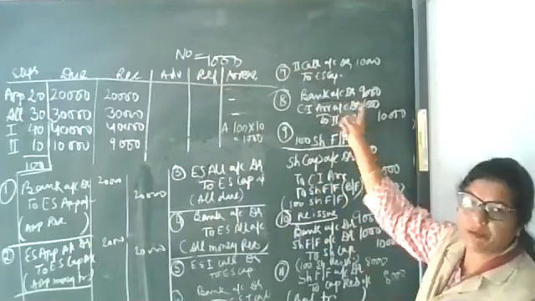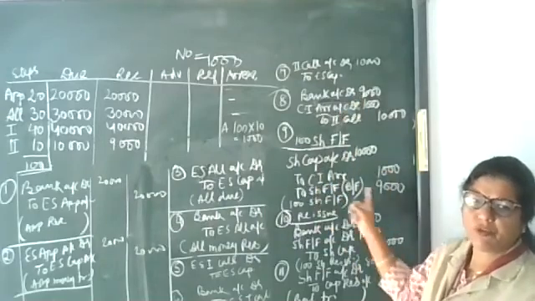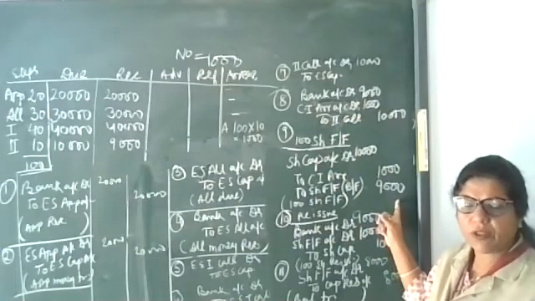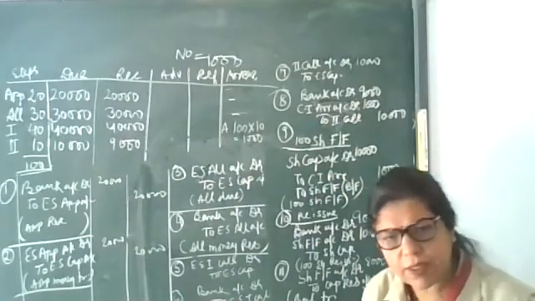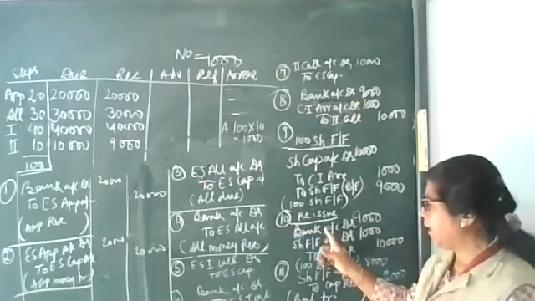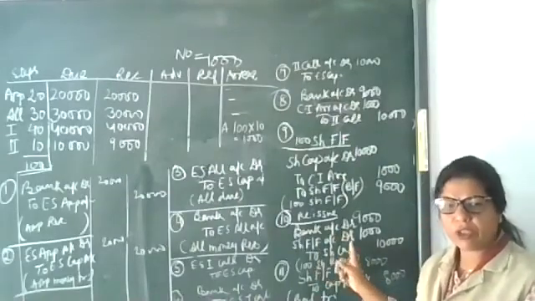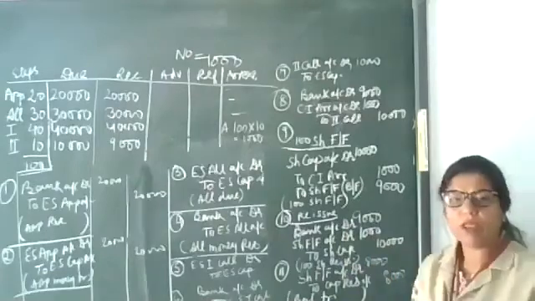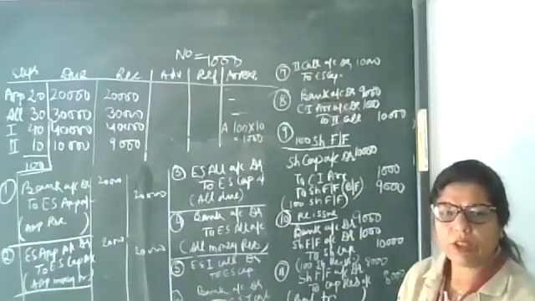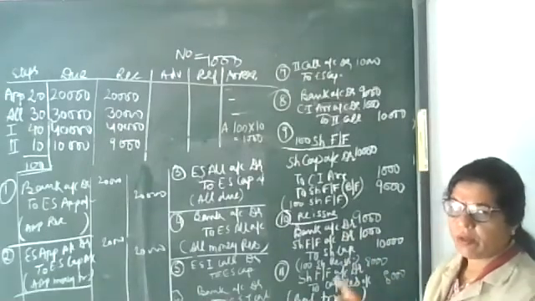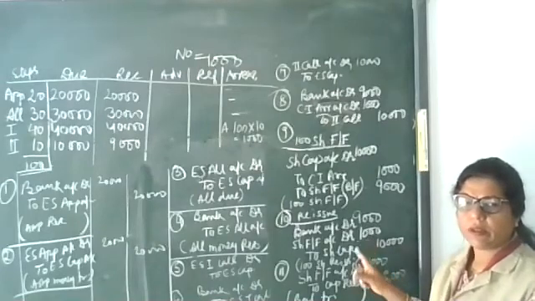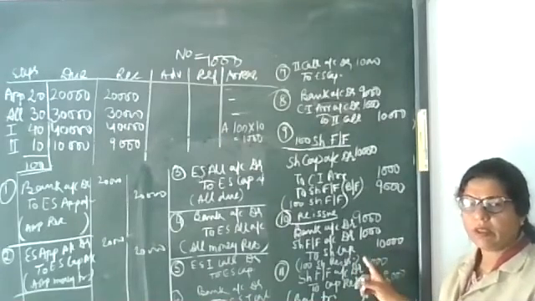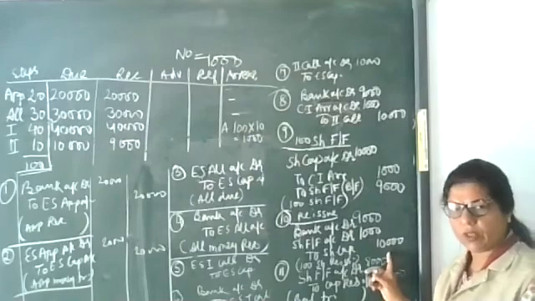Arrears we will take from that side. Forfeiture is the balancing figure. Then bank account debit, forfeiture account debit, to share capital. Same rule. 90 into 100. 1,000 is in arrears and arrears total is 10,000.